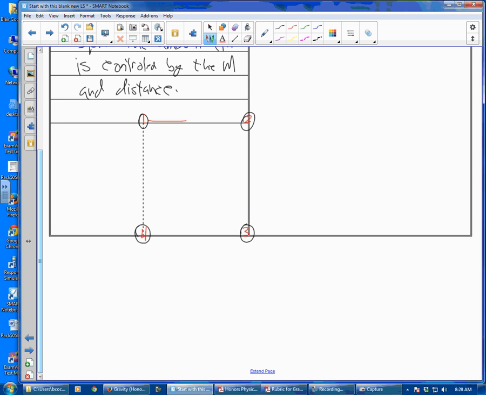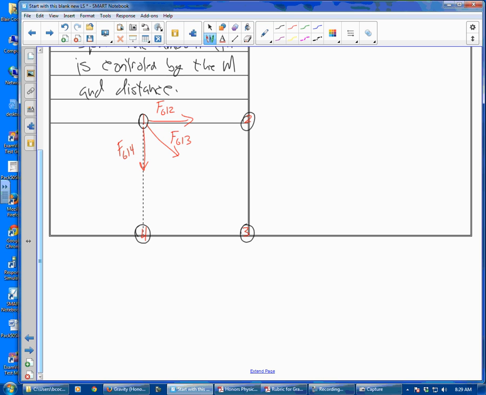So 1 is attracted to 2. 1 is attracted to 4. And 1 is attracted to 3. In that format.